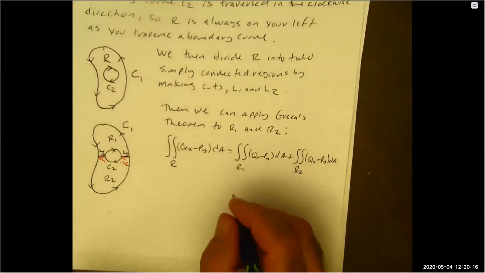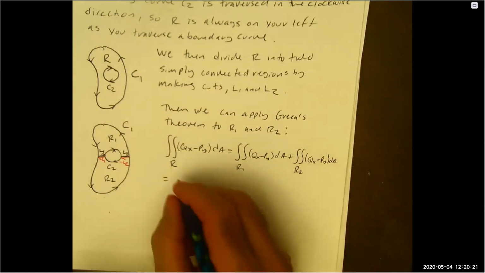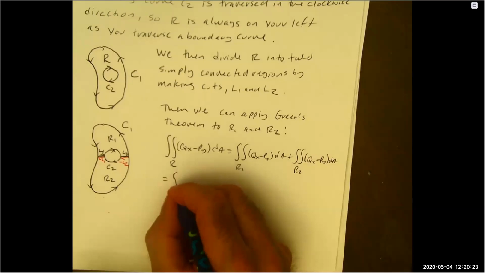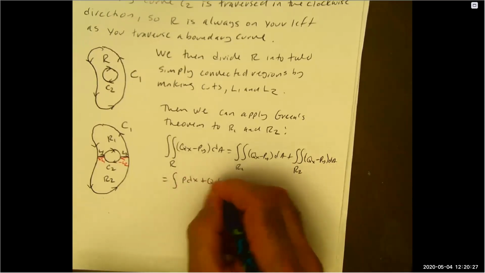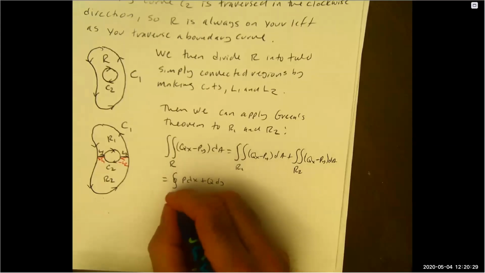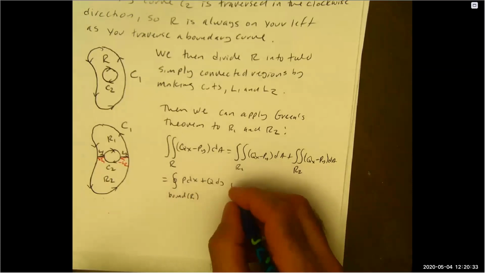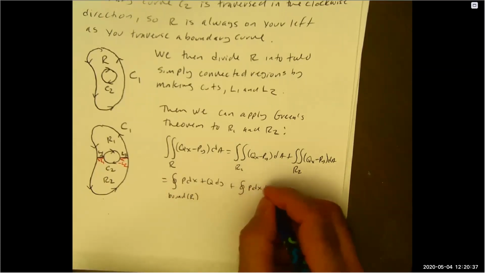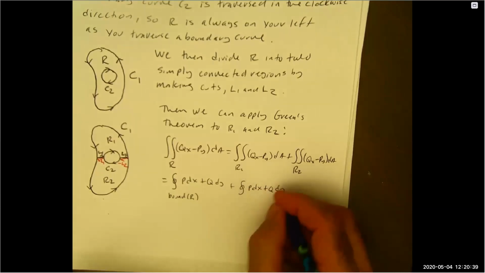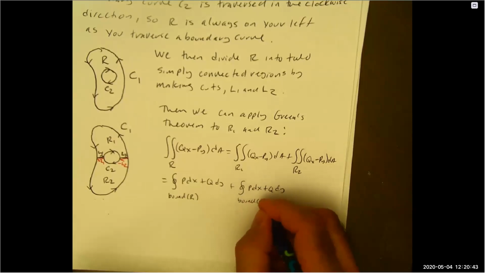And so this is going to be equal to the line integral of p dx plus q dy over the boundary of R1 plus the line integral of p dx plus q dy over the boundary of R2.